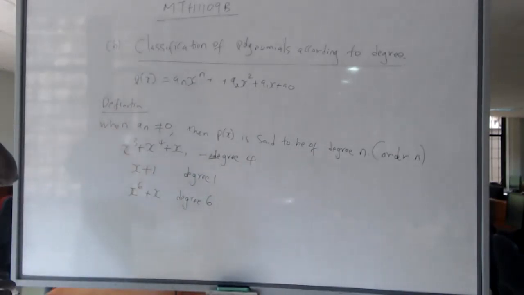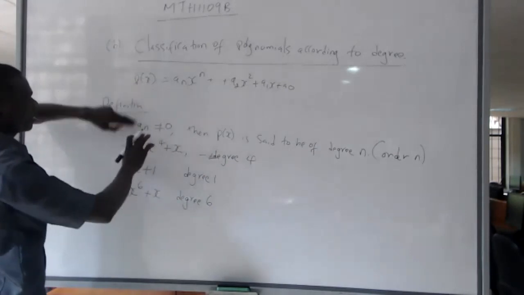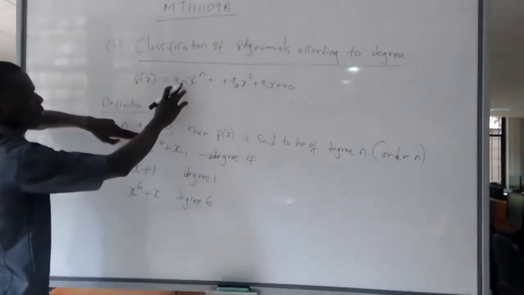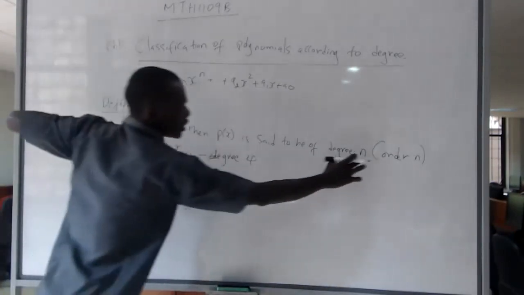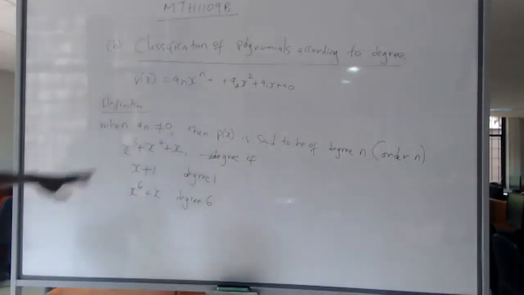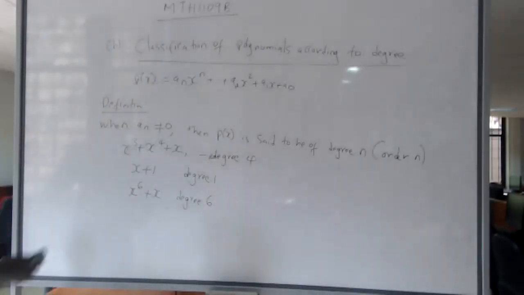So classifying polynomials according to degree: when you have this expression, if the coefficient of the term having the highest exponent is non-zero, then that polynomial is said to be of degree n or of order n. This is how we classify polynomials based on their degrees.